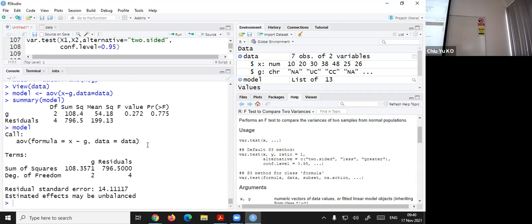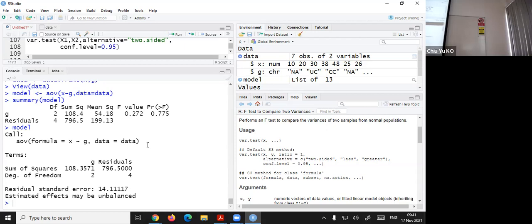So this is the mean square, DF. This is the sum of squares within, SSW. This is between groups, SSG. This is MSW, MSG. So this over this guy is the F value. This is the P value, the same as Excel, if you still remember the Excel output.